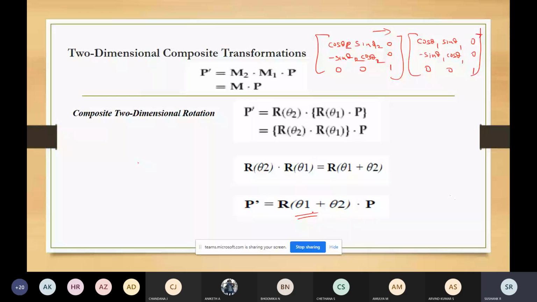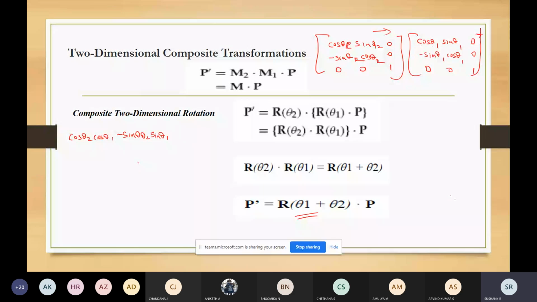So cos theta 2, cos theta 1. The first equation will be cos theta 2 cos theta 1 minus sin theta 2 sin theta 1, and the last term will be 0, since 0 into 0 will become 0.